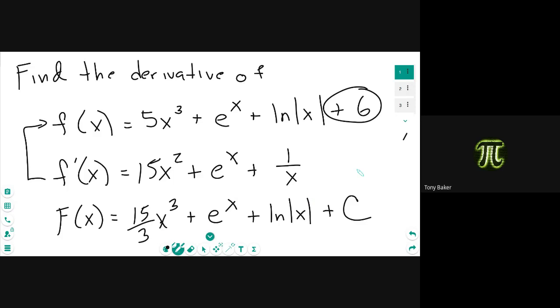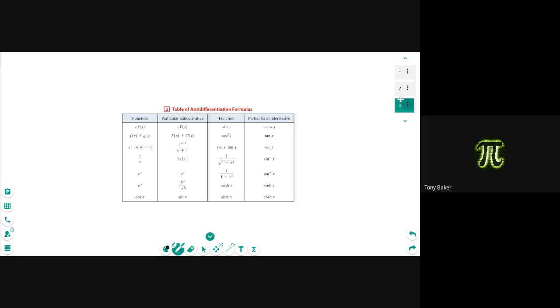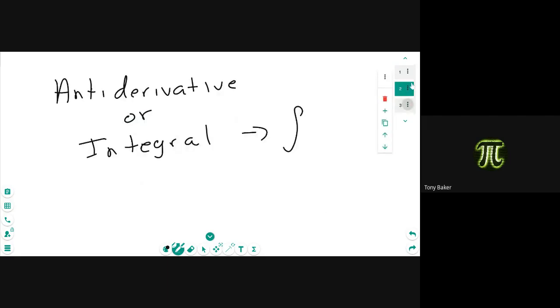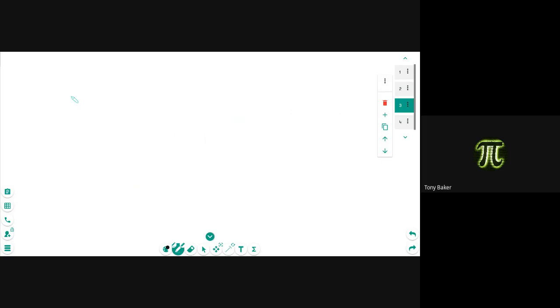If not, that's where that plus C comes into play. All right. Actually, before we do that, I want to do one more thing first. There's a lot of things that integration helps us find, which we're going to talk about next class.